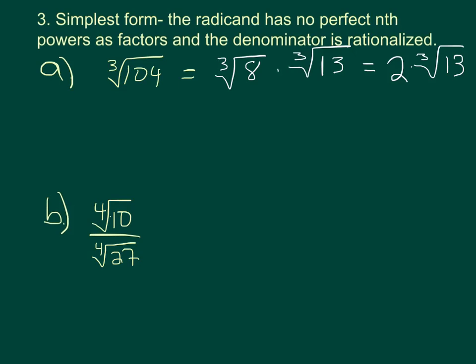And in the next one, we have fourth roots that we're taking. So if I'm trying to take the fourth root of 27, but 27 is not on my perfect fourths list, we can rationalize the denominator like we did earlier on in the year. If we had something like the square root of 3 in a denominator, we multiply both the top and the bottom by the square root of 3.